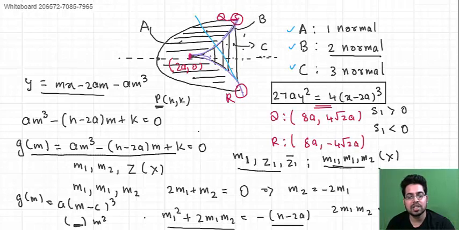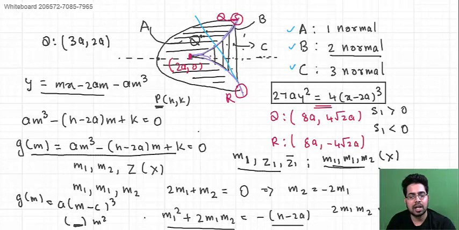So it can be asked that for any point, let's say we can have a point in this region as 3a comma 2a. Let me call this point as point Q, this point Q (3a, 2a).